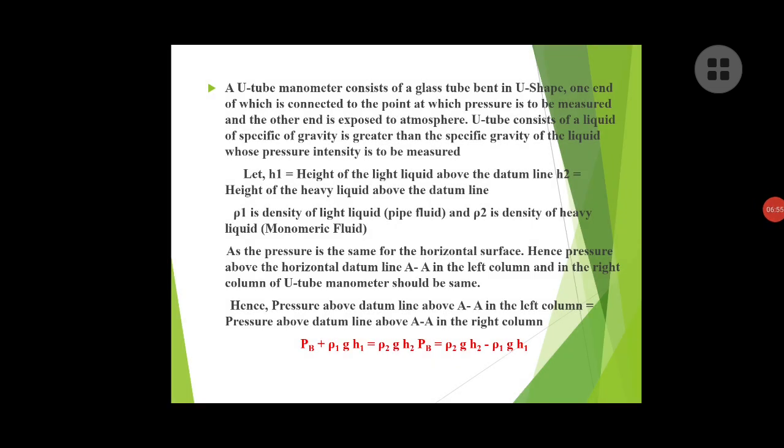As the pressure is the same for all points on a horizontal surface, the pressure above the horizontal datum line AA in the left limb equals the pressure in the right limb at datum BB.